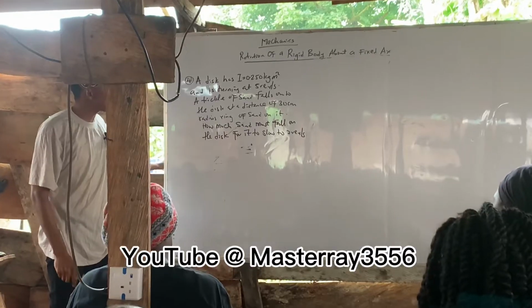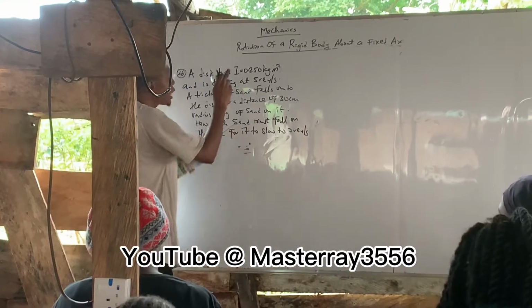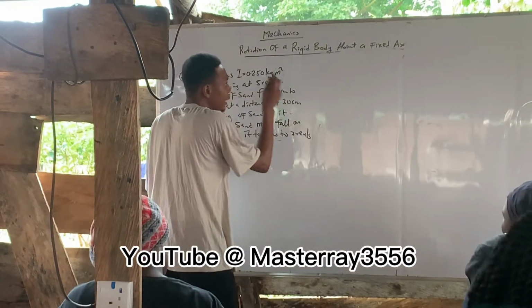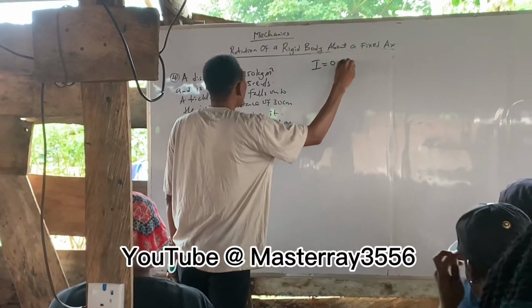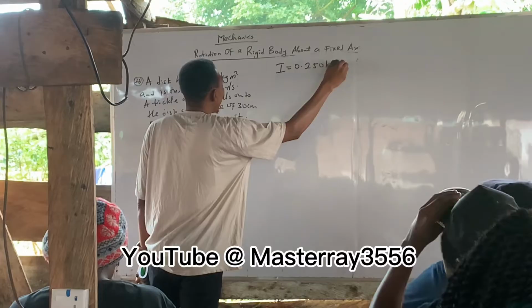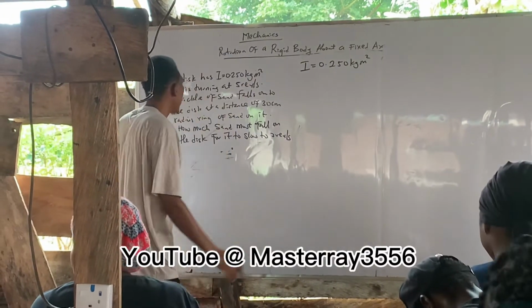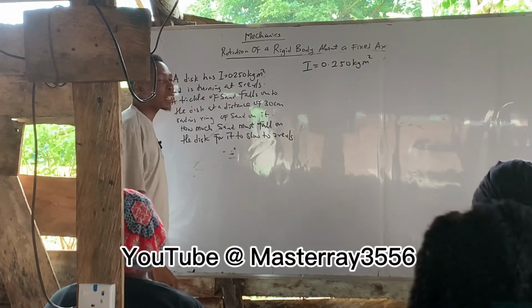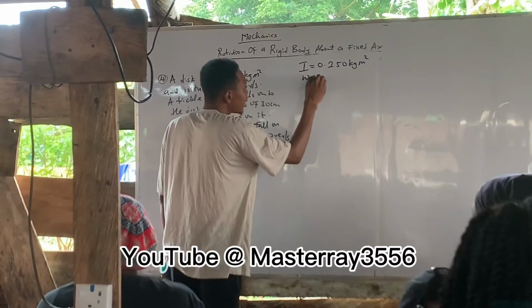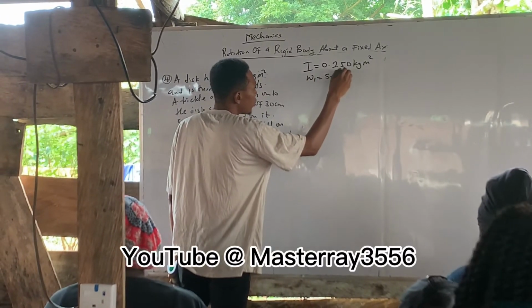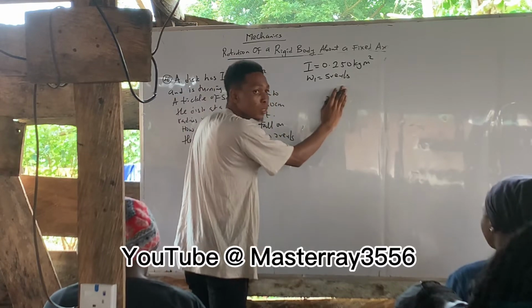A disc is given with moment of inertia I equal to 0.250 kilogram meter squared, and it's turning at 5 rev per second. That's W1, right? What do you do? Convert to what?